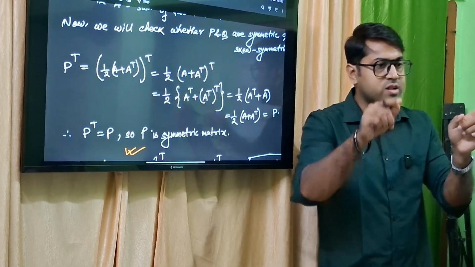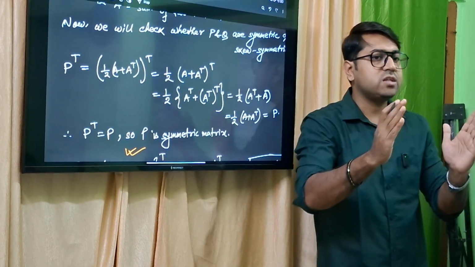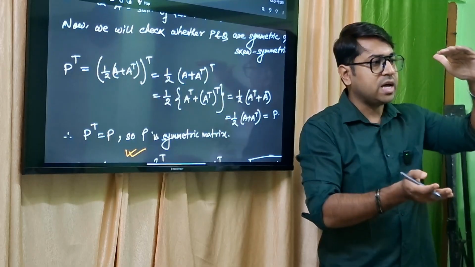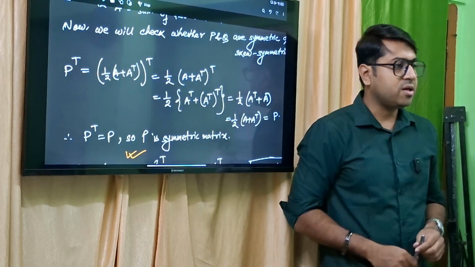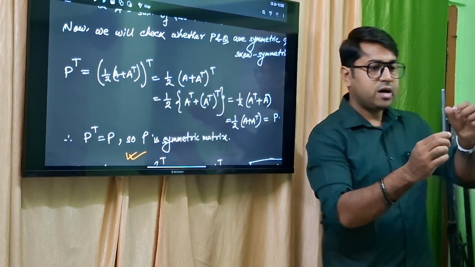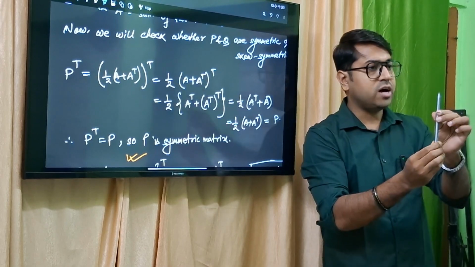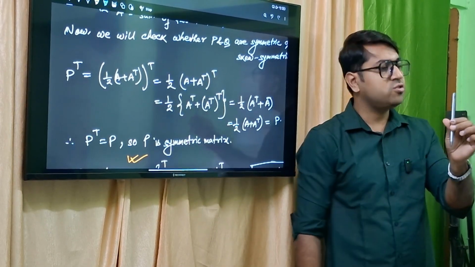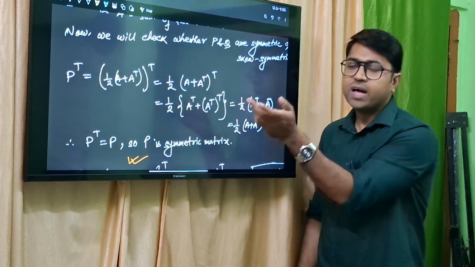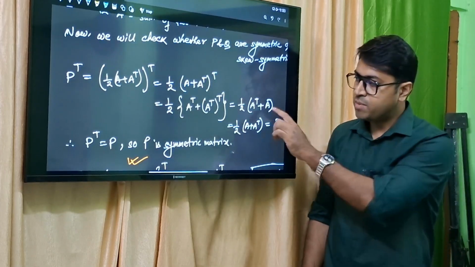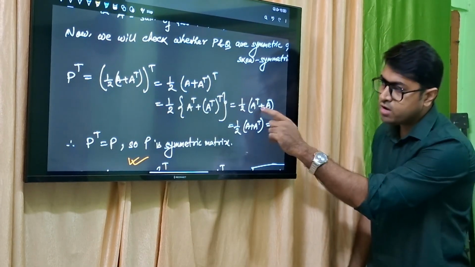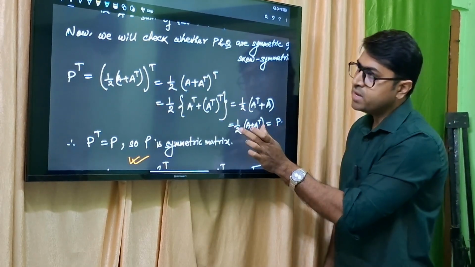If you take the transpose, and again take the transpose, it will be the same. So half into A transpose plus A, that is the P matrix itself.